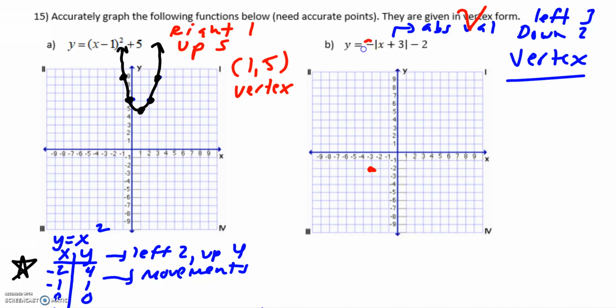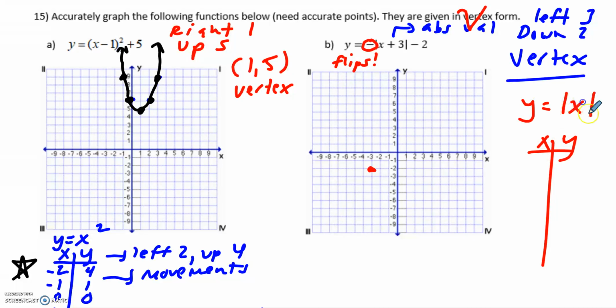Now I notice that there's a negative in front, which means that this entire graph does flip, and that will come into play in just a little bit. If I make a quick little table for the parent function y equals the absolute value of x, and I plug the same values into that, think of them as movements again. If I do the absolute value of -2, that's a +2, because absolute value is a distance, and distance is always positive.